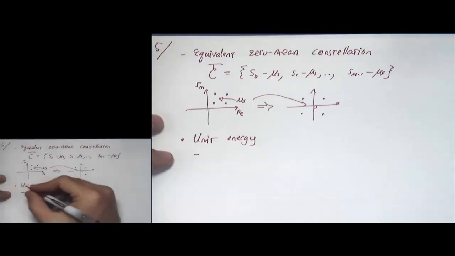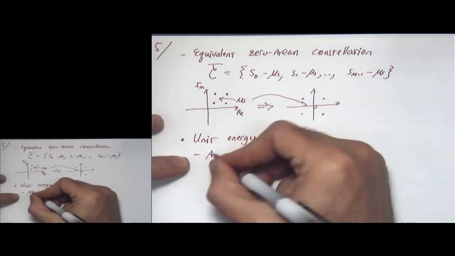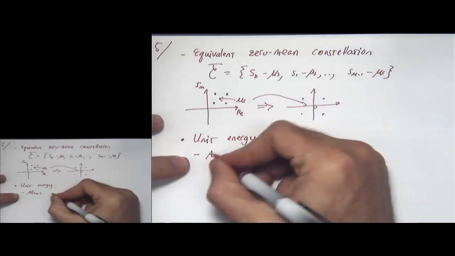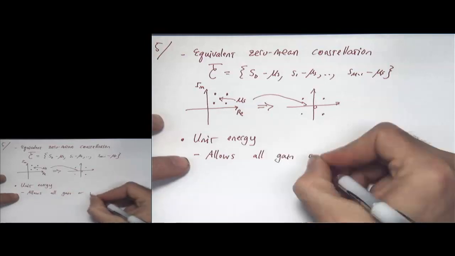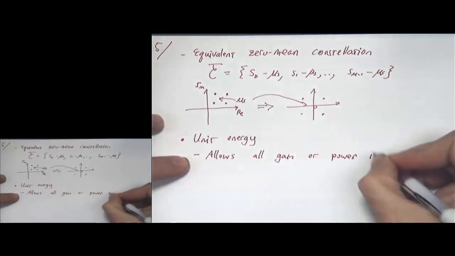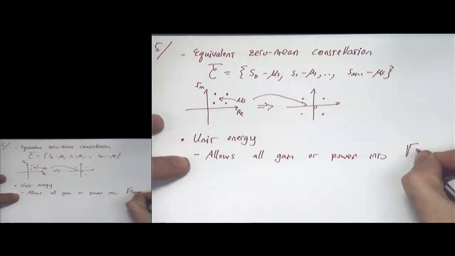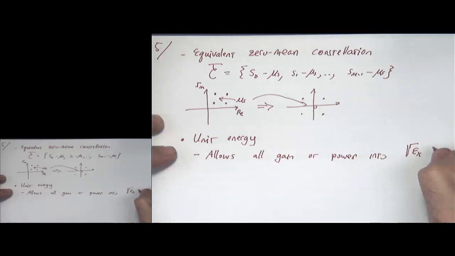And for us in particular, what this allows us to do is put all the gain, or power, if you like, into this square root of the x term here.